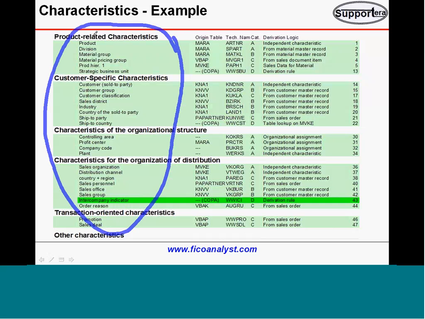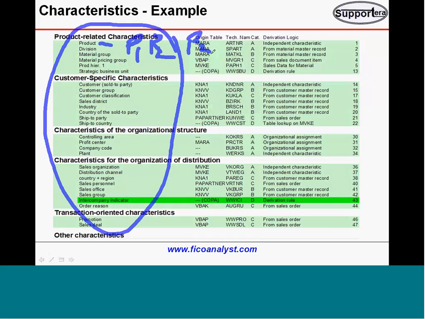So the segments are like this. For example, for product, you have product P1, P2, P3, and P4 as an example, right?